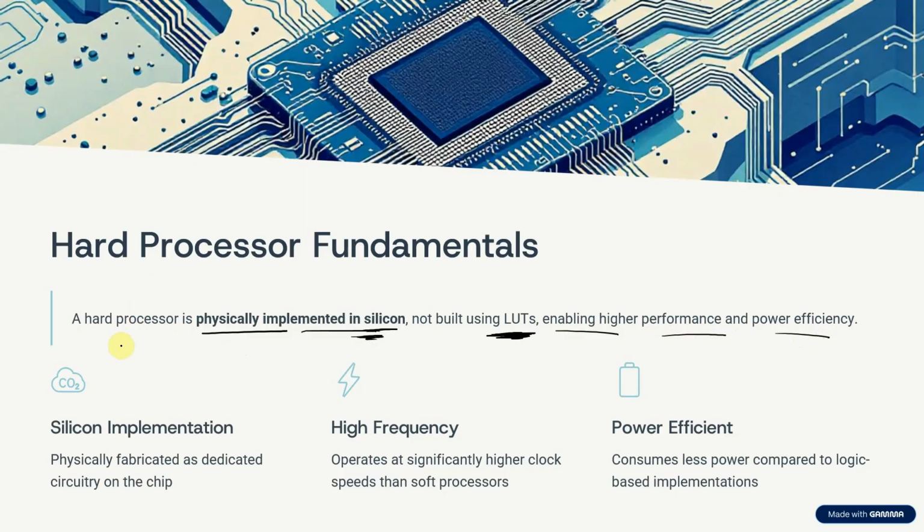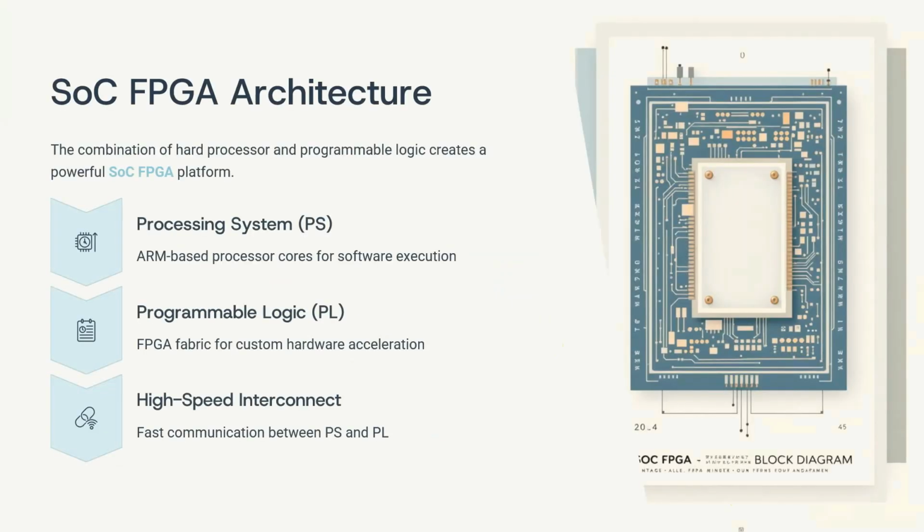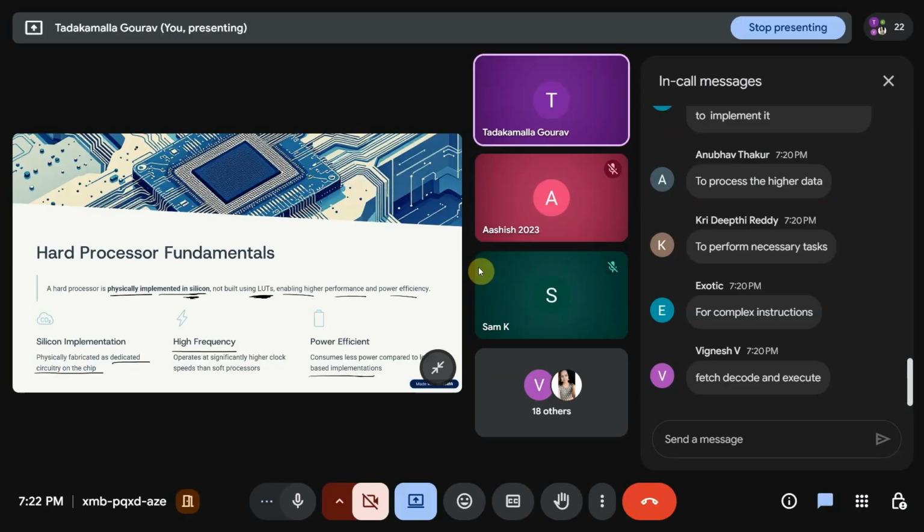The hard processor is physically fabricated as dedicated circuitry on the chip. It has a higher operating frequency, and it is very power efficient because it consumes less power compared to a logic-based implementation, because it is an ASIC, not implemented using LUTs. So this is the difference between your hard processor and your soft processor. Is it clear for everyone?